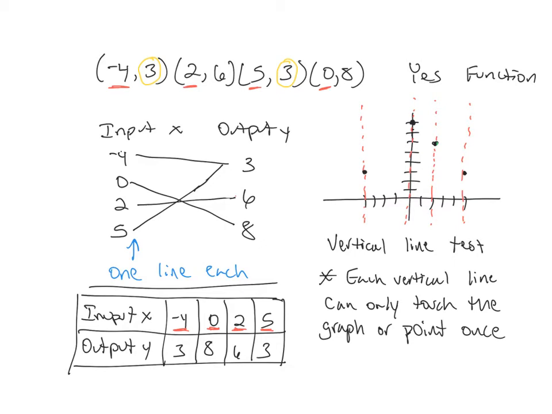Okay, so you'll have some questions today where it's a list of points. You'll have some with this input output, what's called a mapping, where the lines go to each thing. You'll have some that are in a chart, like at the bottom. You'll have some that are on a graph. Okay, so an example, going back to the vertical line test, because that one's kind of a good one.